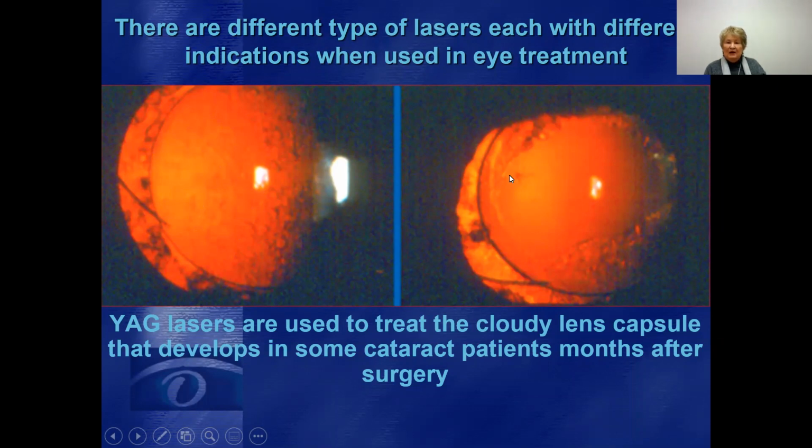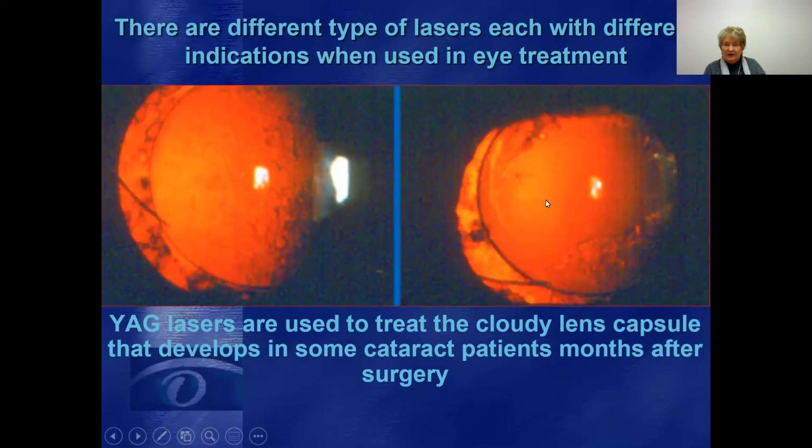So we have you come into the office, and the physician will use a laser to make some holes right in the center of that capsule to give you your nice clear vision back again. Here's an eye that has the clouding of the capsule, and here's an eye that has had the YAG laser done.